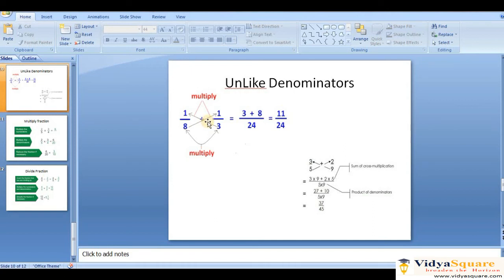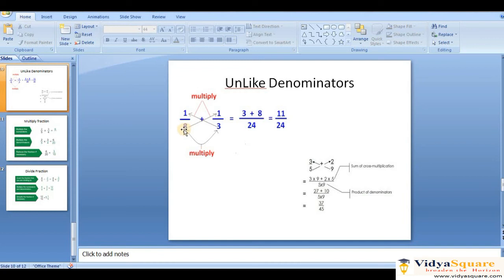So step 1, I'll multiply the numerator of the first fraction with the denominator of the second fraction. Please listen carefully. So it becomes 1 into 3, 3. Then I'll put the symbol, whether it is addition or subtraction. Here we have add, so I'll put plus.